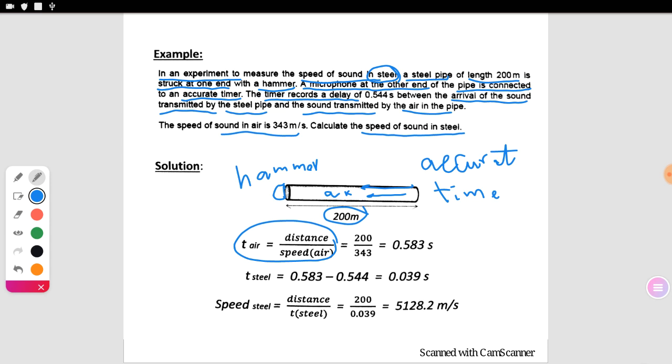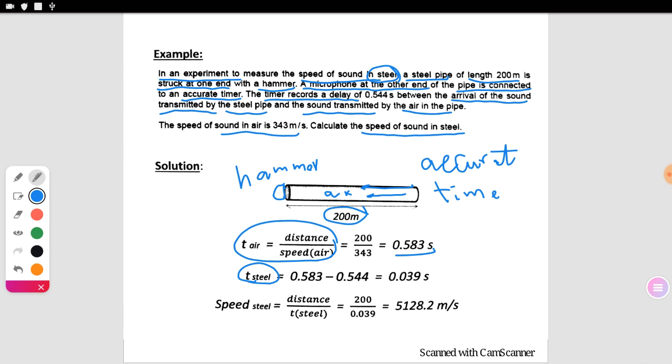The time in air equals 0.583 seconds. The time interval between the two sounds equals 0.544. So 0.583 minus 0.544, the time through steel equals 0.039 seconds.